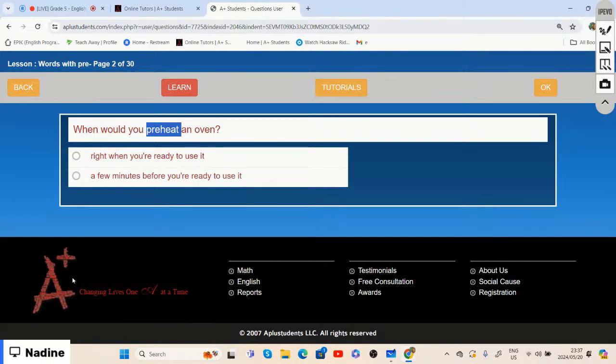Or a few minutes before you are ready to use it. Option 1 or option 2, when would you preheat an oven? Right when you're ready to use it, like immediately when I'm about to use it, or a few minutes before I'm going to use it?